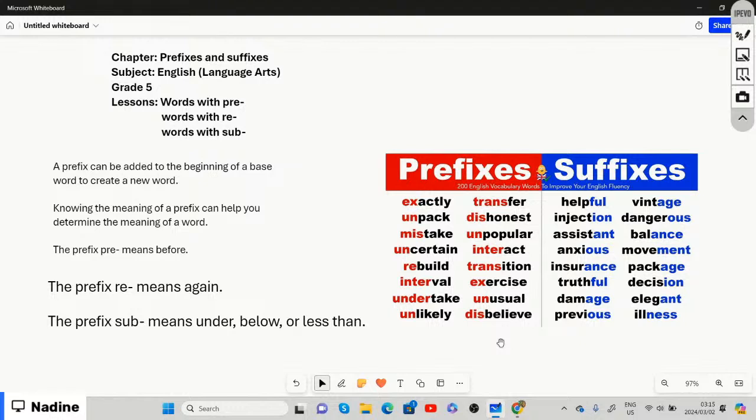All right. So we said that a prefix can be added to the beginning of the word to create a new word, and it is best for you to know the meaning of the word, right?